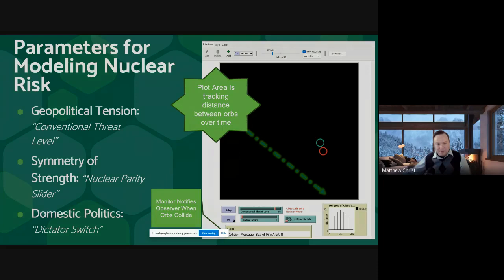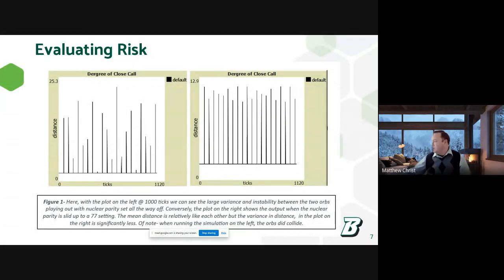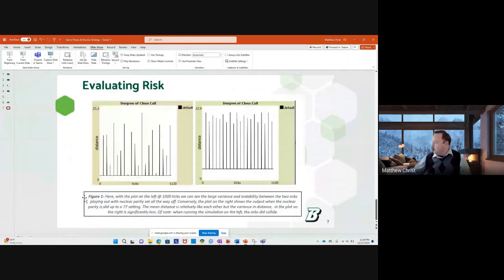So really, we're trying to get to the data to understand which situations give us more variance as far as risk, and I'm going to present that to you by showing you a little glimpse of the simulation.